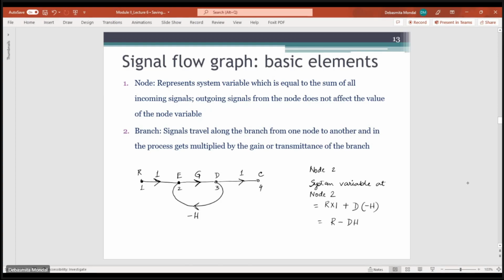The system variable at each node is equal to the sum of all the incoming signals.